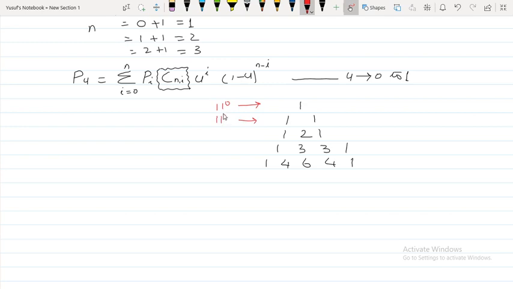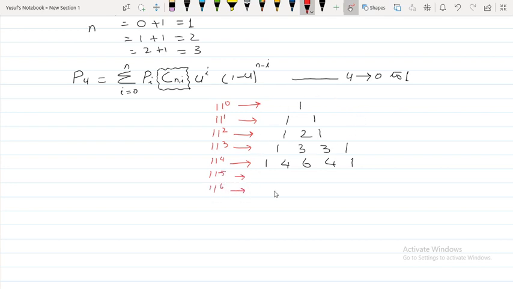If you calculate on a calculator, 11 raised to 0 you will get 1. 11 raised to 1 is obviously 11. And 11 raised to 2, 11 square, is 121. And 11 cube is 1331. 11 raised to 4 is 14641. Similarly, we can construct the Pascal triangle for 11 raised to 5, 11 raised to 6.